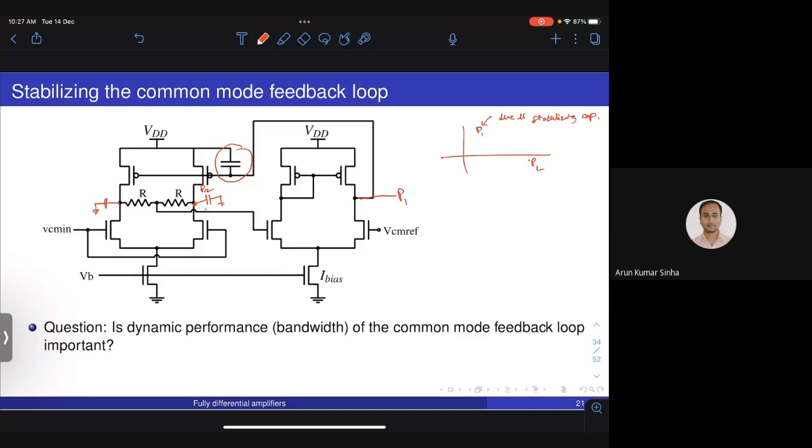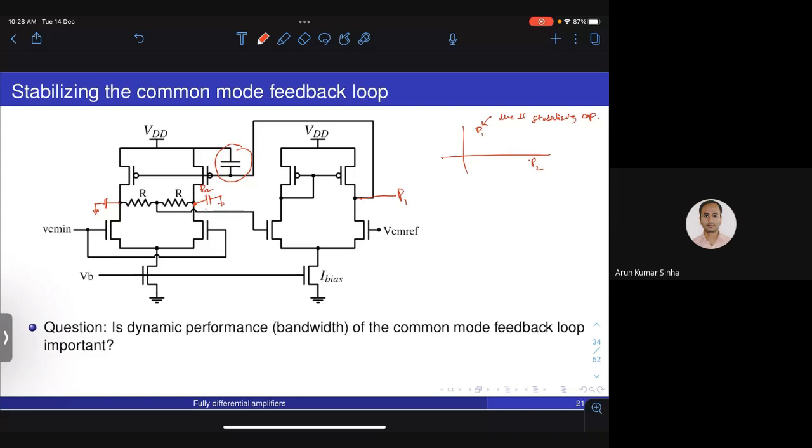Okay, so the answer is that it's not very crucial, because we are looking to adjust the bias of current sources to make sure that the current source value and the current sink value is exactly balanced. Now, the changes in these current sources happen because of temperature, because of process variation.